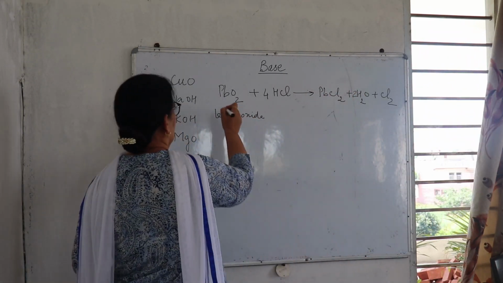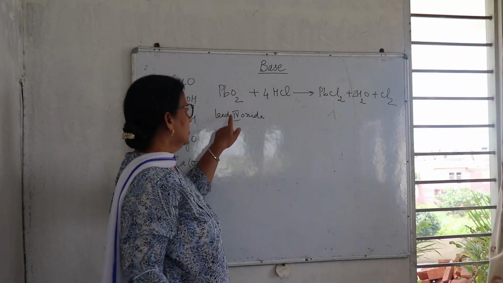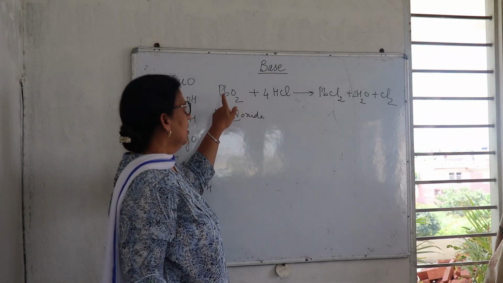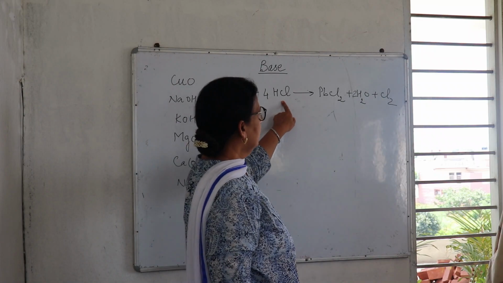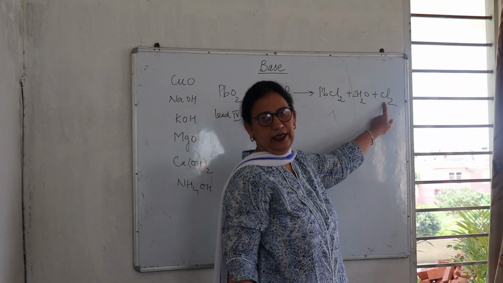So this is also a metallic oxide, but this is not considered as a base. Lead 4 oxide is not considered as a base because when it reacts with the acid it gives salt, water and an additional product, that is chlorine gas.